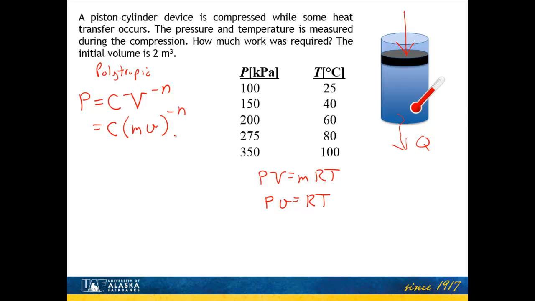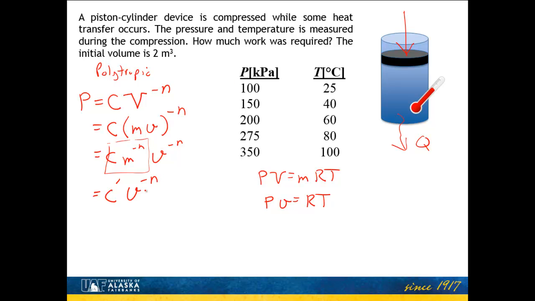I can factor out that minus n, so I have a constant times mass to the n, times v to the minus n. And now, since the mass is constant, n is a constant, and C is a constant, that's all some new constant. I'll just call that C prime times little v to the minus n. And then we'll see why that becomes a little bit more convenient.